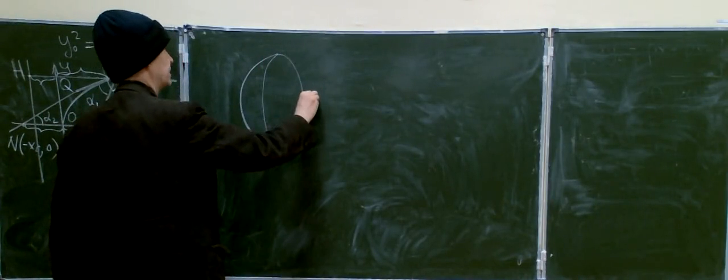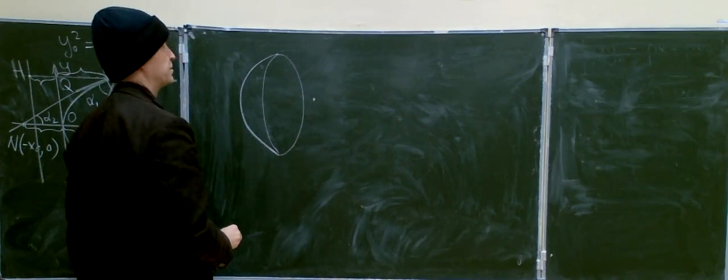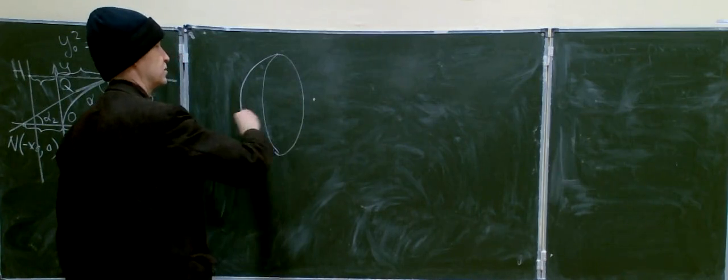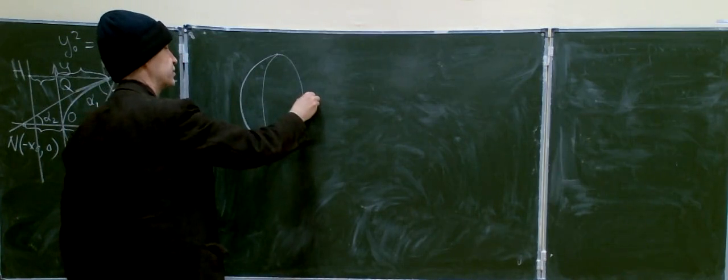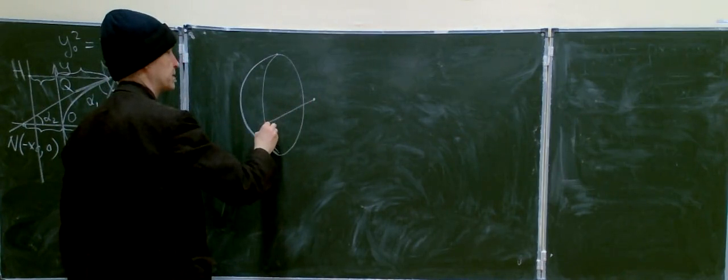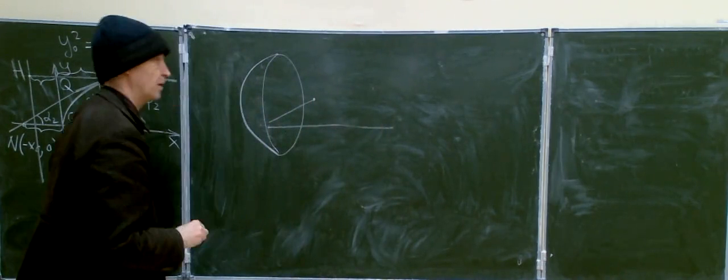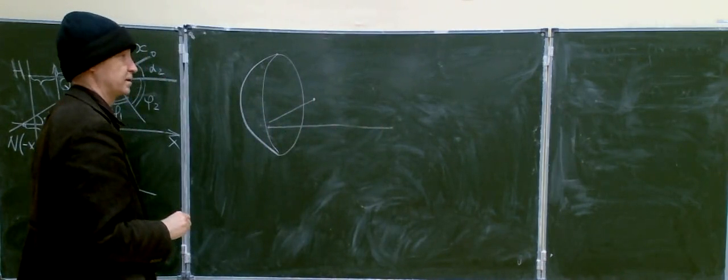And if you take some source of light at the focus of this parabolic surface, then each ray reflected from this surface will go parallel to the axis of our parabolic surface.